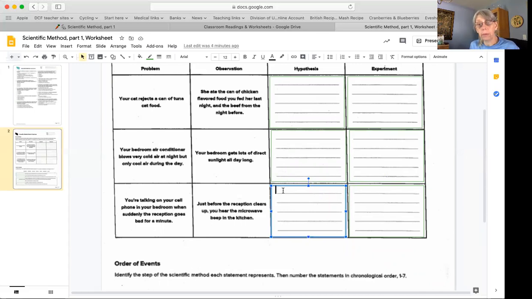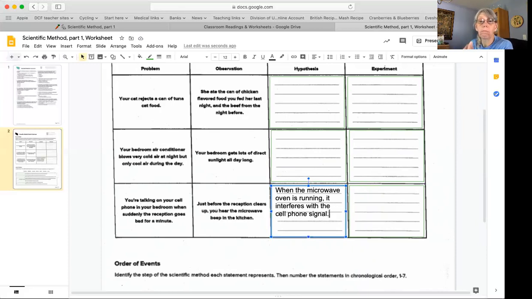So what's our hypothesis? Okay, let's say that when the microwave oven is running, it interferes with the cell phone signal.